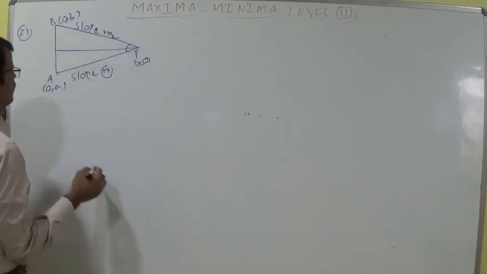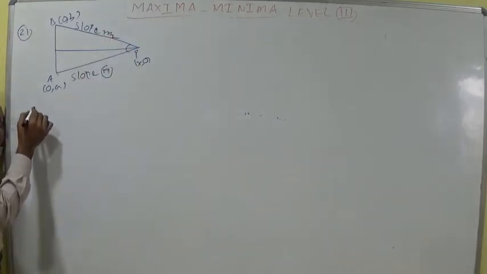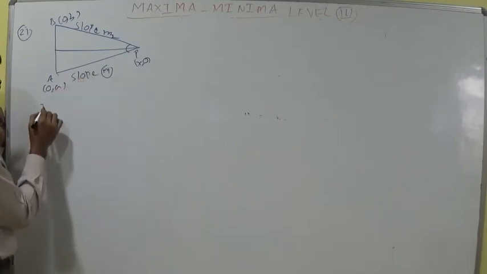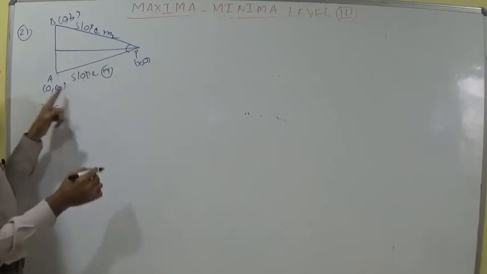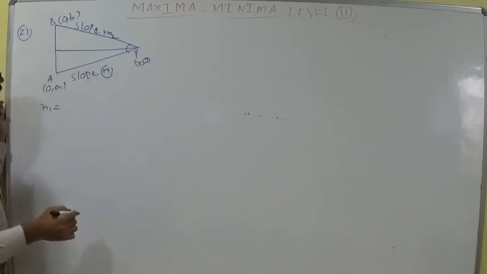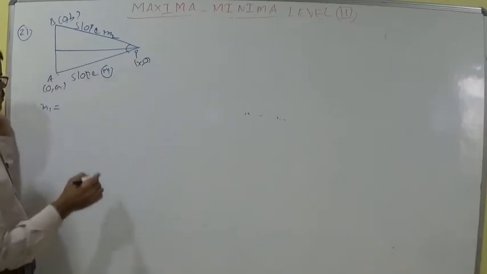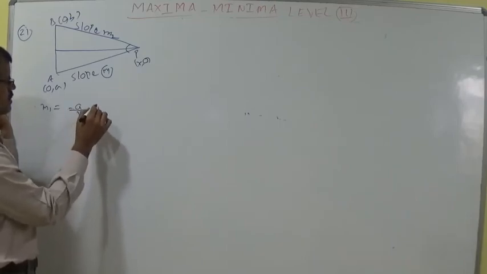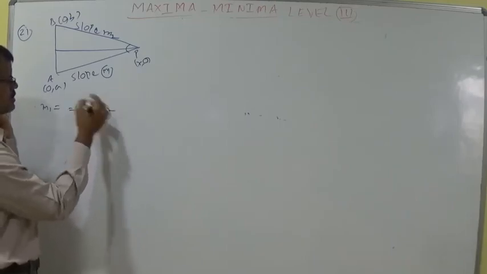The slope of AP is m1, using the formula (y2 minus y1) by (x2 minus x1): (a minus 0) by (0 minus x), so you can write minus a by x. That is the slope of this line.